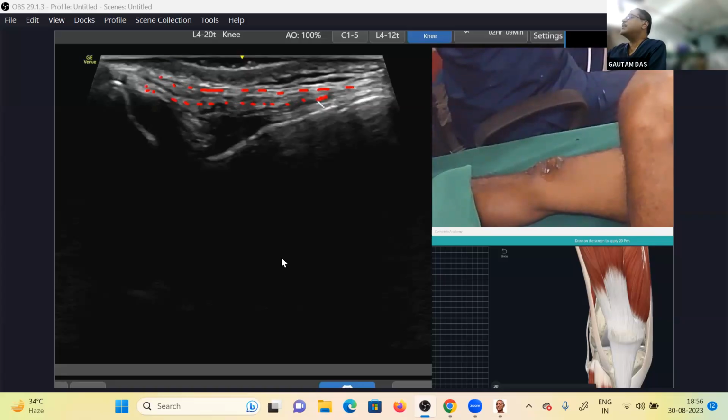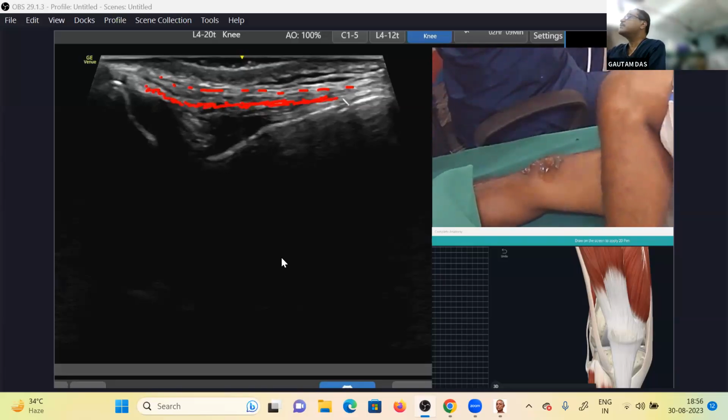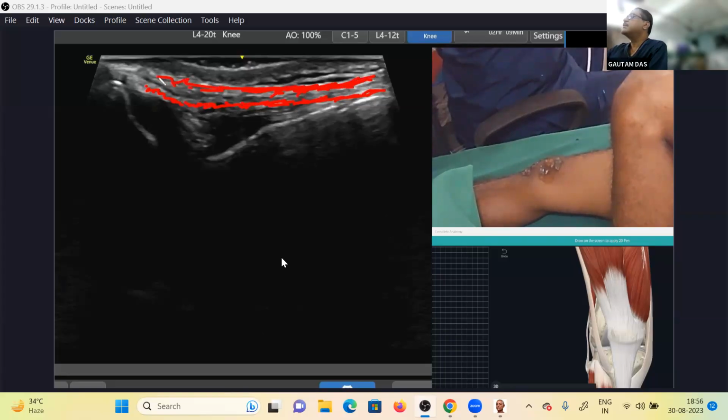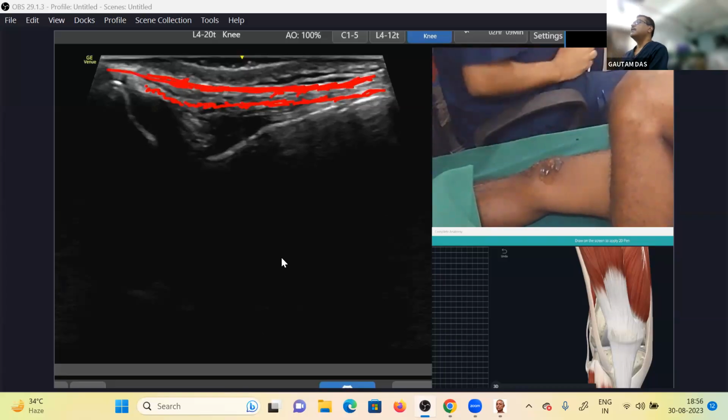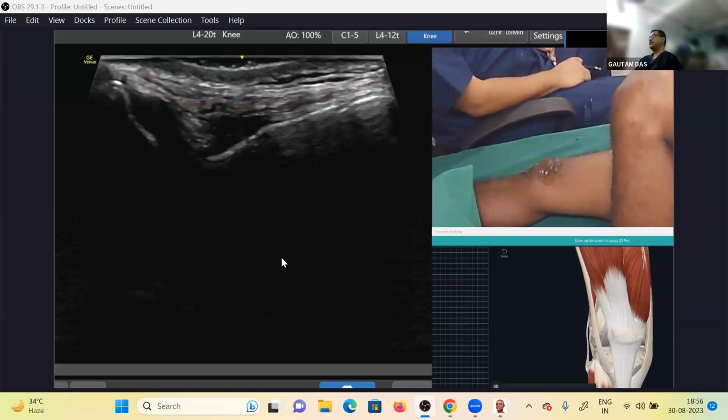And this is quite thick. This is your patellofemoral ligament. The whole area I am coloring. Everybody could have understood, and in between there is a hypoechoic area. Everybody can understand the two layers.